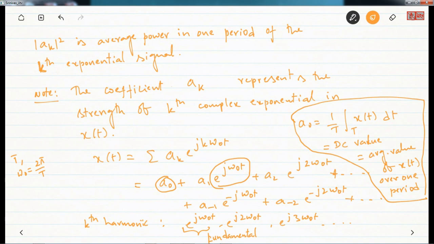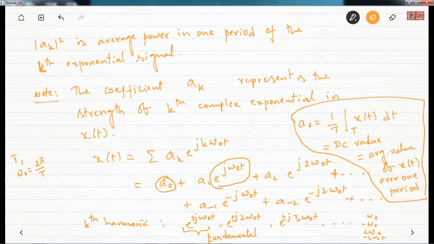Of course, we should also consider plus or minus. If omega naught t is the fundamental frequency, so is minus omega naught t, and so are 2 omega naught t and minus 2 omega naught t, and so on.